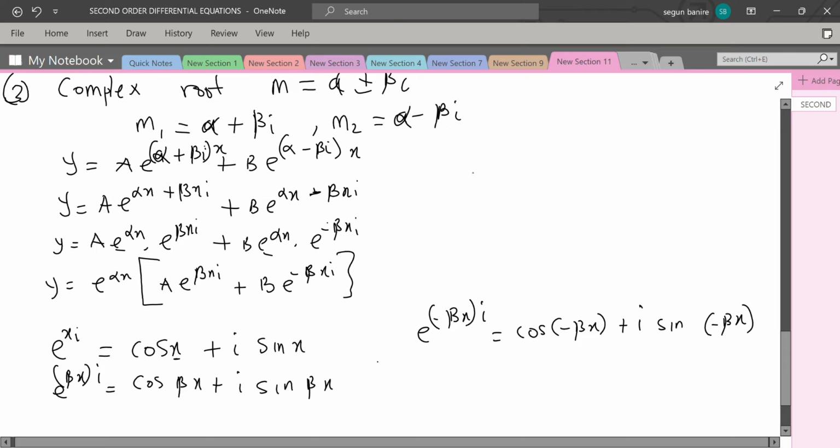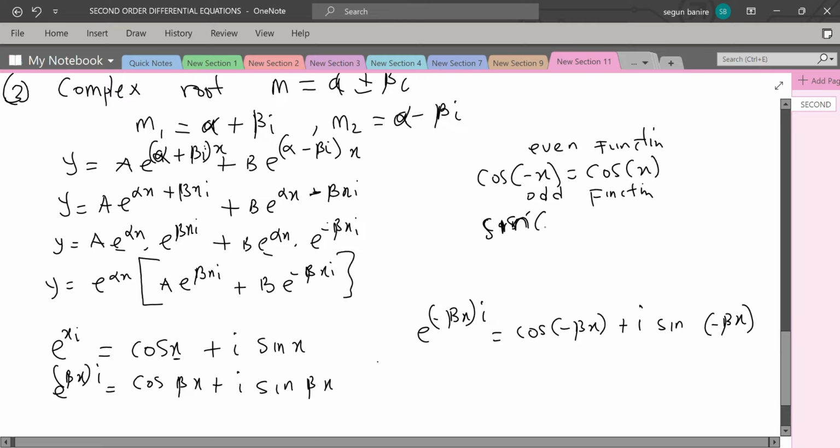Another thing you need to know is that the cos function is an even function, so cos(−x) will still be cos x, while the sine function is an odd function, so sin(−x) gives minus sin x.